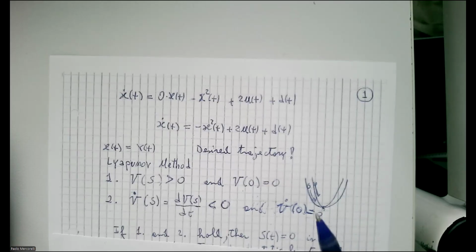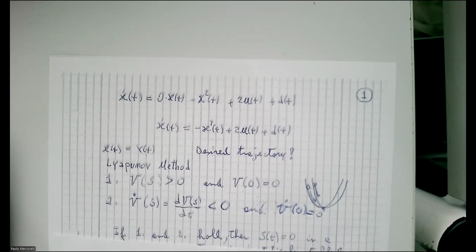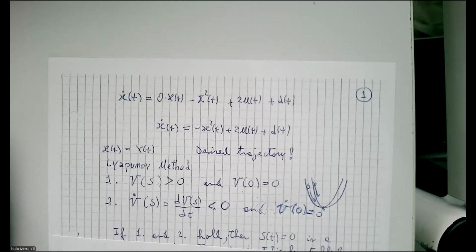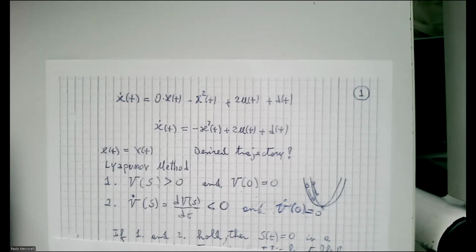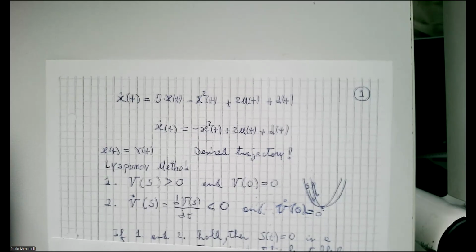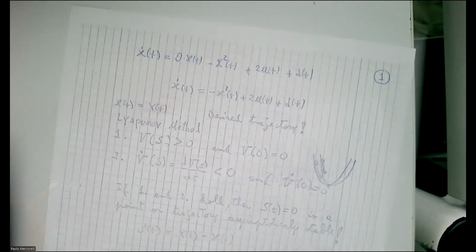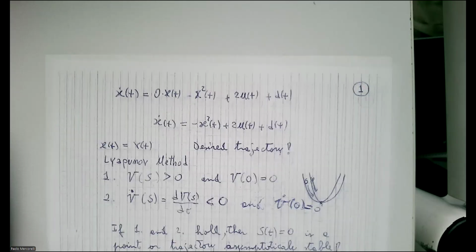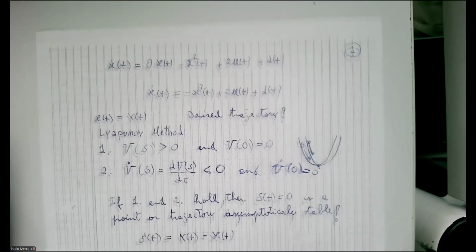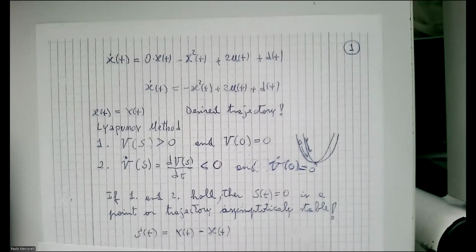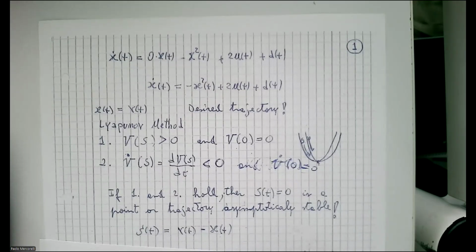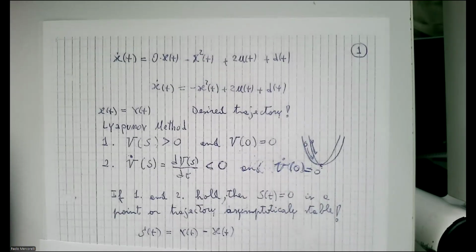The idea is to find a u of t, thanks to the second condition, such that a point and a set of points, a trajectory, becomes an equilibrium point or the equilibrium set. Let me do the calculation here. I don't have time to demonstrate the theorem, but the application is quite easy. Look at this.